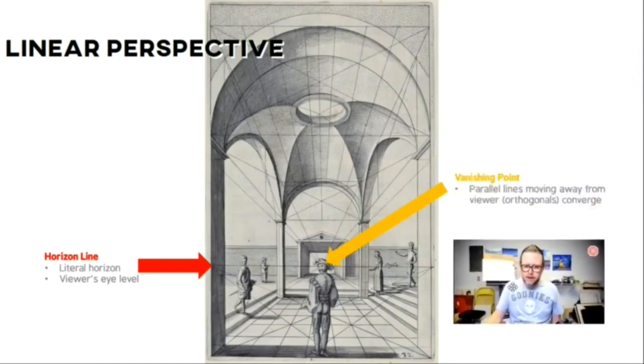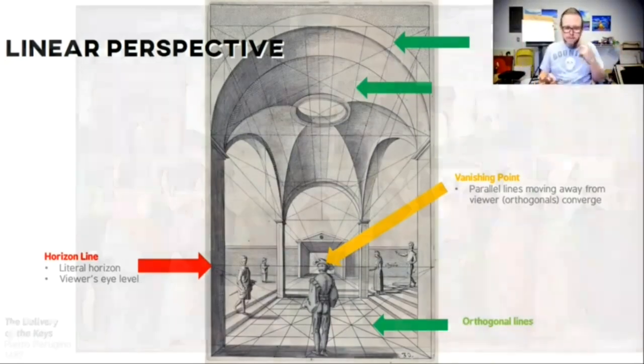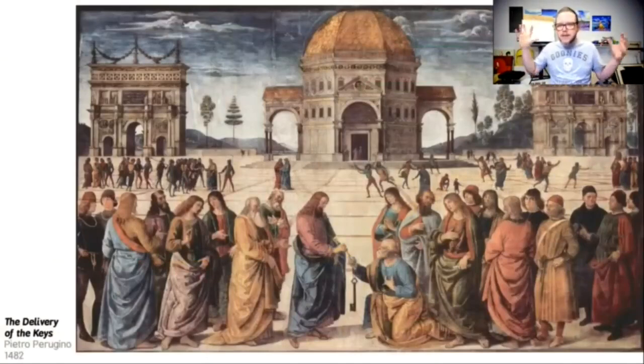Then we have those orthogonal lines. Those are the parallel lines that move away from the viewer. They are given the illusion of moving away from the viewer because they're all converging at a point. Right? That gives the illusion of 3-dimensional space. And artists would become obsessed with linear perspective once this had been developed.